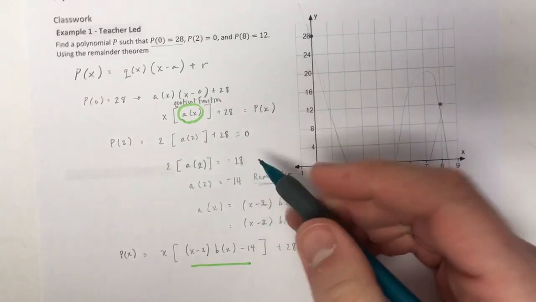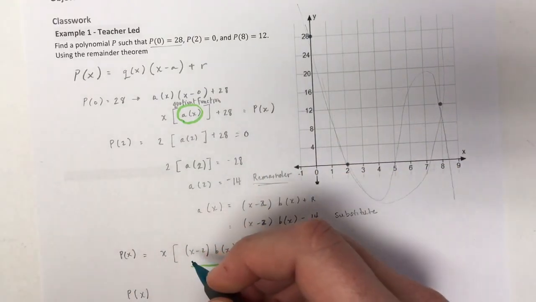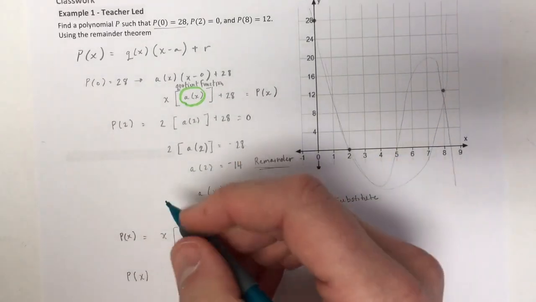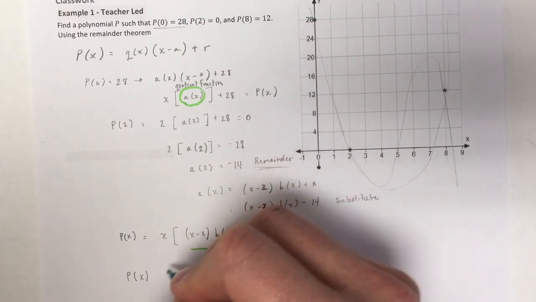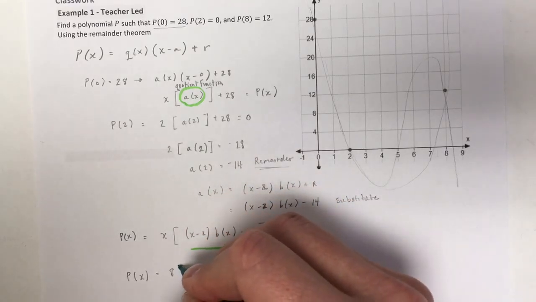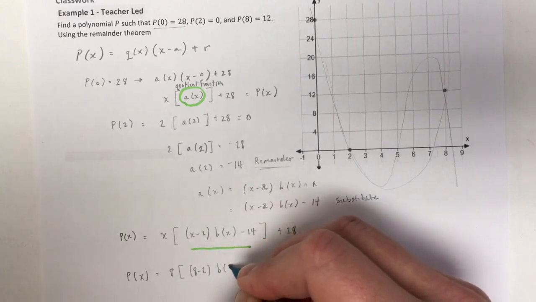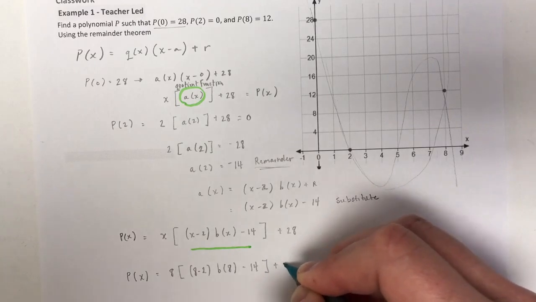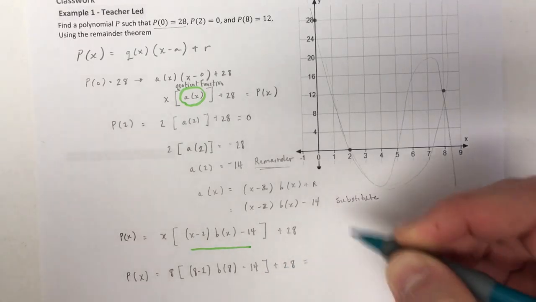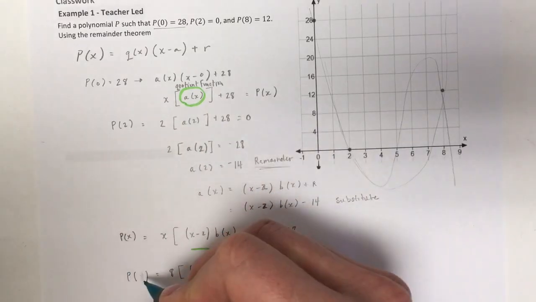And we use our last piece of information to figure out what that constant is. So p of 8 equals 8 times 6 b of 8 minus 14 plus 28 is supposed to equal 12.